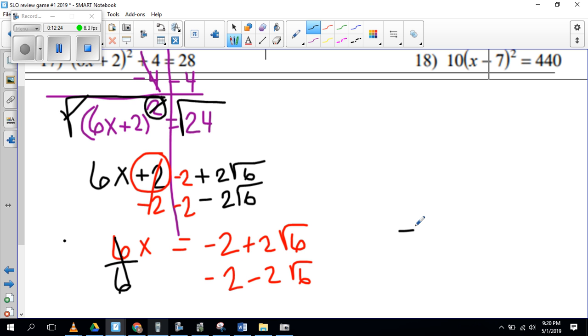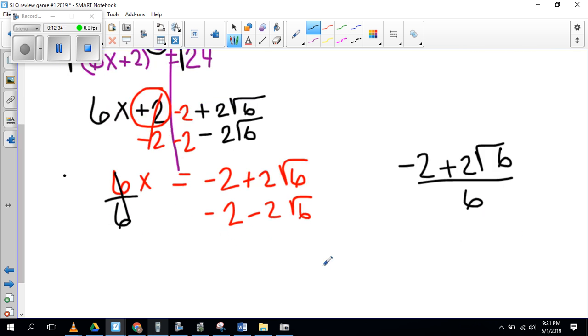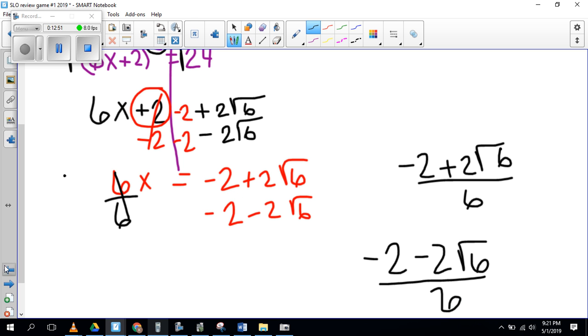And so with our answers, I'm going to write it over here. And you're going to divide by 6. And then right here, negative 2 minus 2 square root of 6 divided by 2, divided by 6. And they might even simplify that even more, but that's as far as I'm going to go with that problem. Because I don't think we should have those on there.